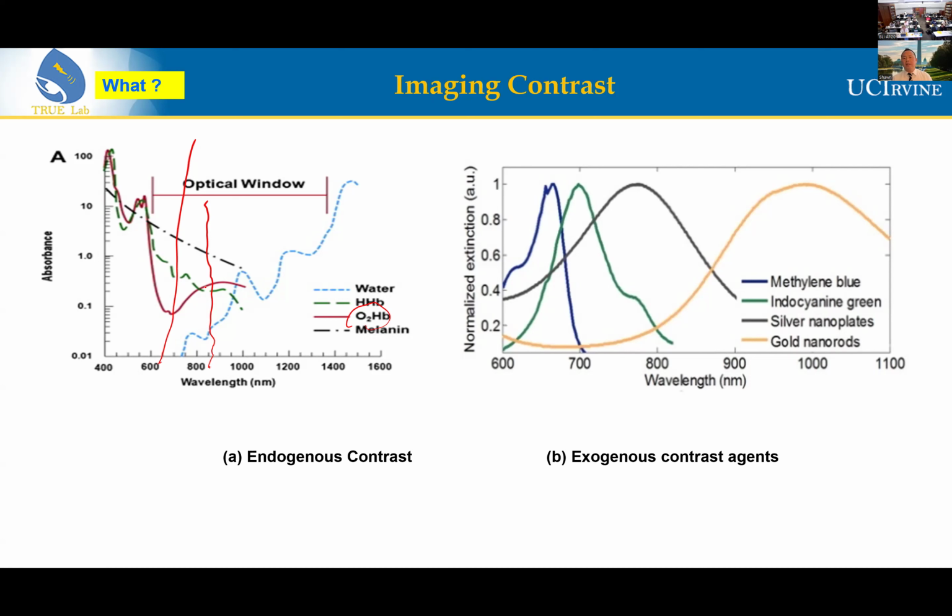But like any other imaging modality, photoacoustic imaging can also use external contrast agents. People have done a lot of research using different contrast agents. Typical contrast agents are nanoparticles: silicon nanoparticles, gold nanoparticles, all kinds of nanoparticles.